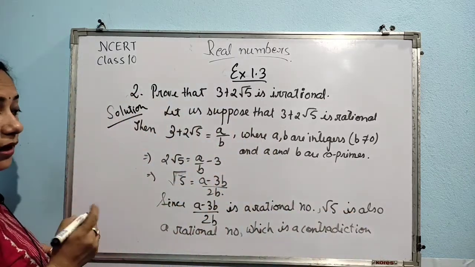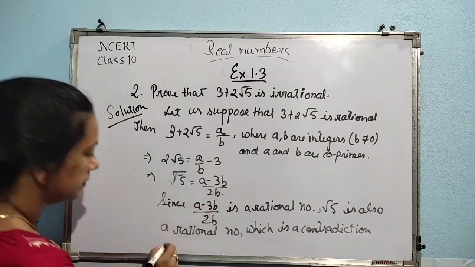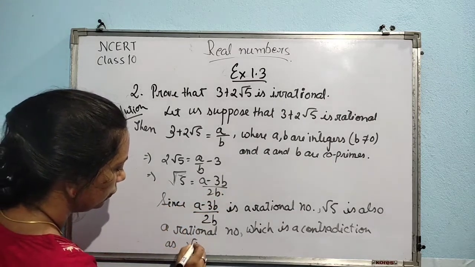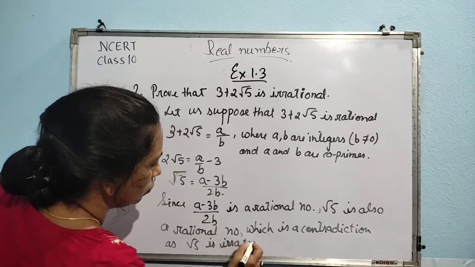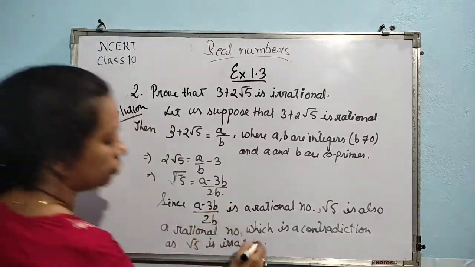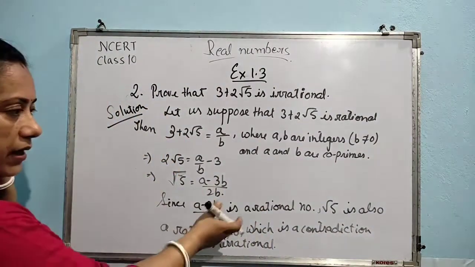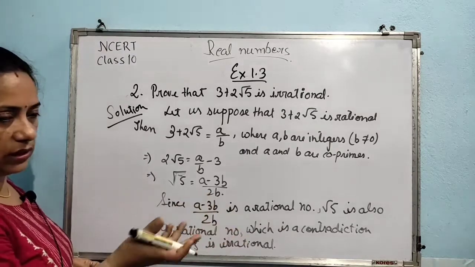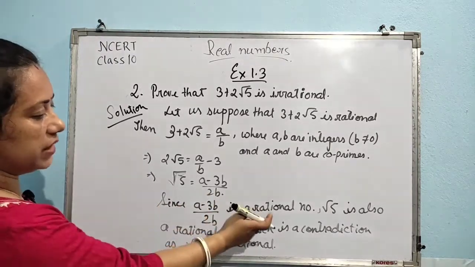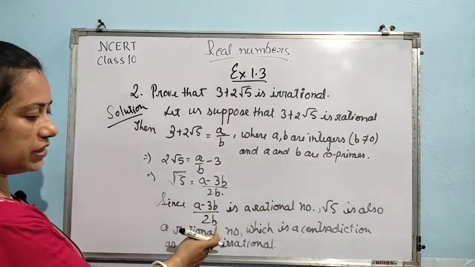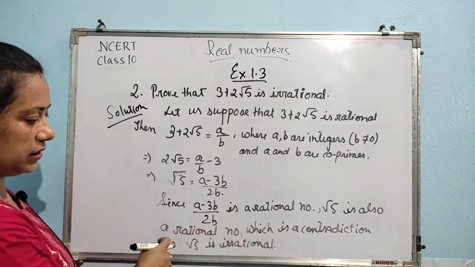Why is it a contradiction? Since we know that root 5 is irrational. You can go for any sort of statements. I am writing in this manner, you can change your statements according to your convenience. Since A minus 3b by 2b is a rational number, root 5 is also a rational number, which is a contradiction as root 5 is irrational.